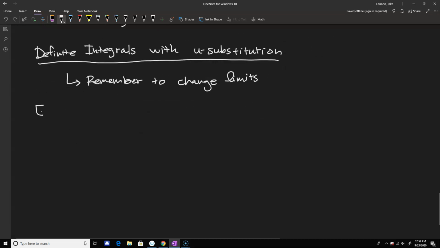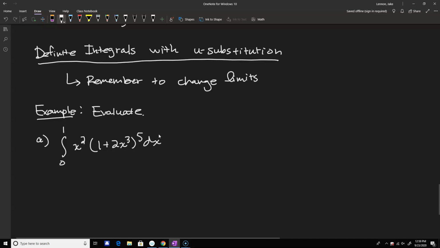So let's look at a couple of examples, and what we want to do is just evaluate. So let's say we do the integral from 0 to 1 of x squared times 1 plus 2x cubed raised to the 5th.